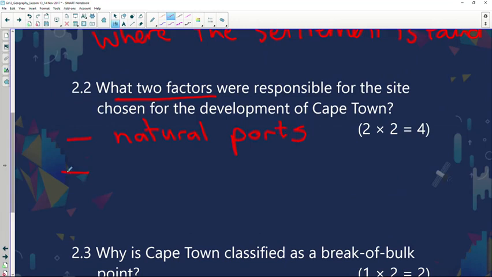The second reason, because if you look at the gradient, it is not that steep, so it's a gentle gradient, it's going to be cheaper and it's going to be easier to create infrastructure over there. And obviously, last but not least, there was probably enough water and resources.